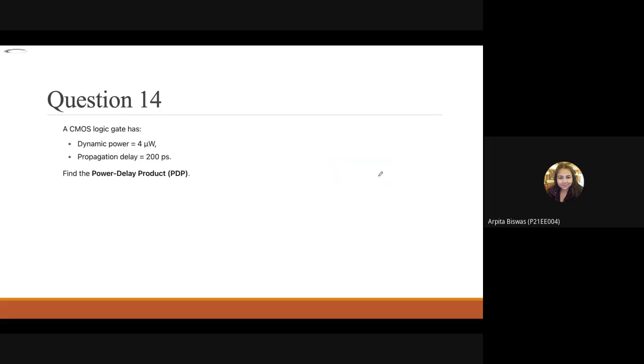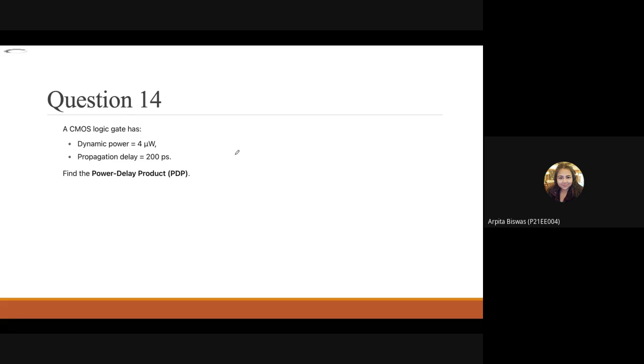Okay. So next, moving to question number 14. A CMOS logic gate dynamic power is 4 microwatt and propagation delay is 200 picosecond. So find out the power delay product. How to calculate this power delay product? Dynamic power into propagation delay. Yes, dynamic power into propagation delay.